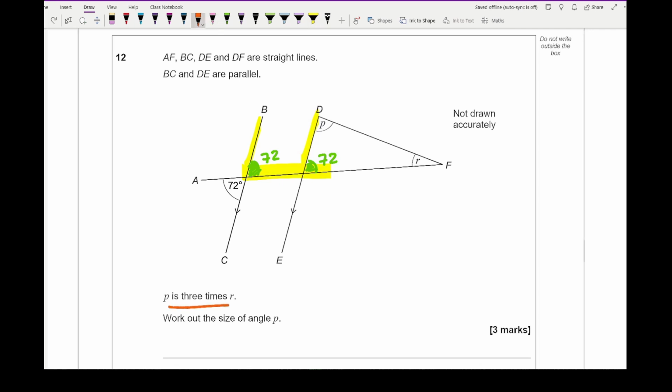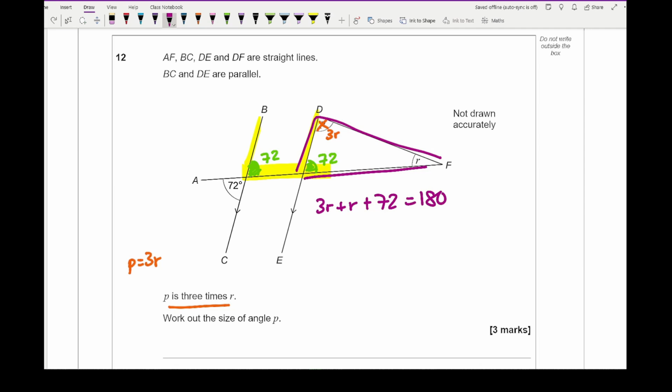Using this information, P is equal to 3R, so instead of writing P, I'm going to write 3R. Using this triangle, we have 3R plus 72 equals 180, because angles in a triangle add up to 180.